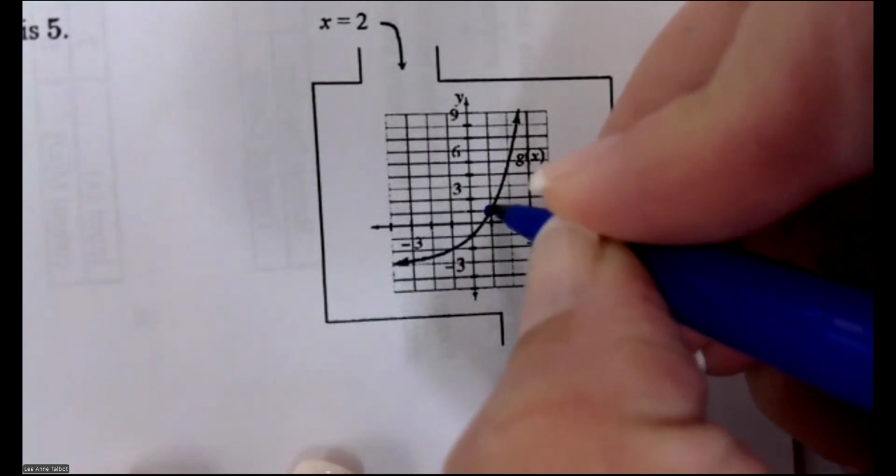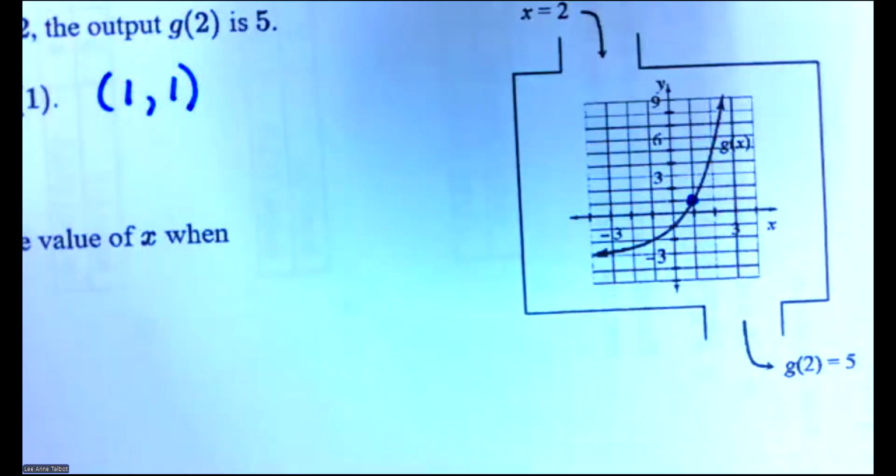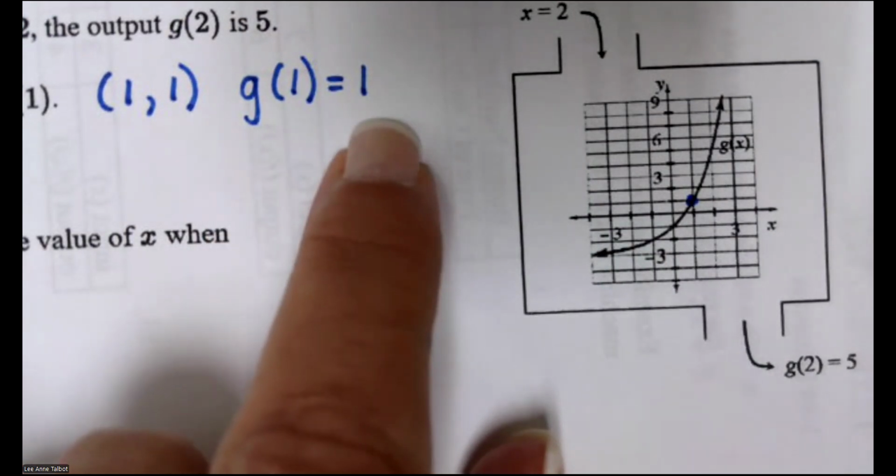So make a little coordinate where x is 1. What is that coordinate? 1, 1. That coordinate is 1, 1. So that means g of 1 is 1. There's your x, there's your y.